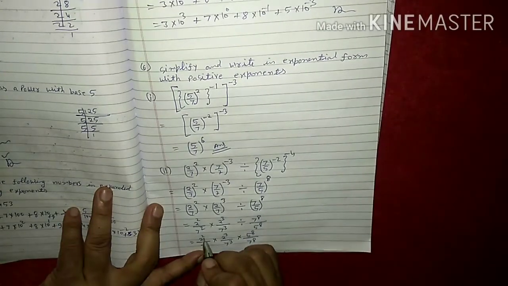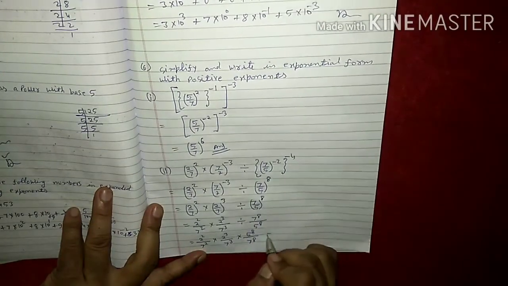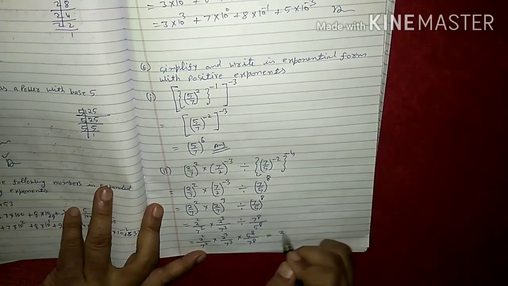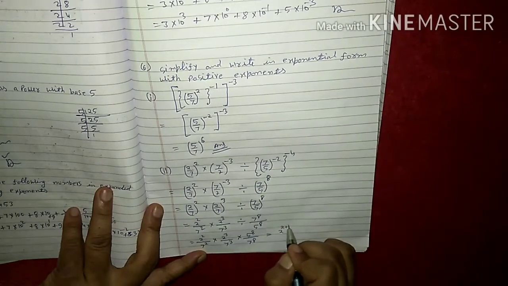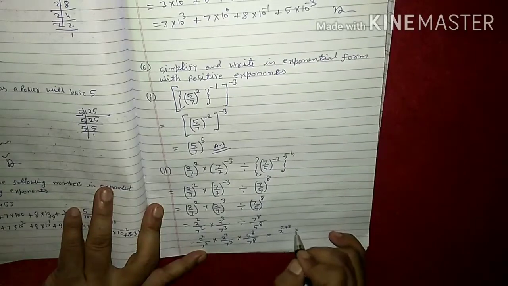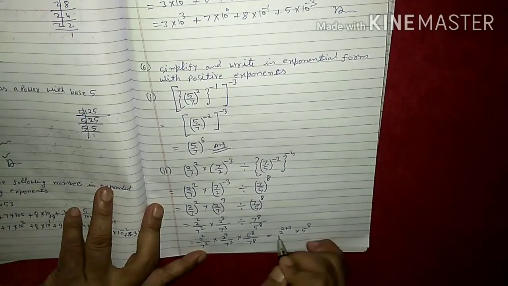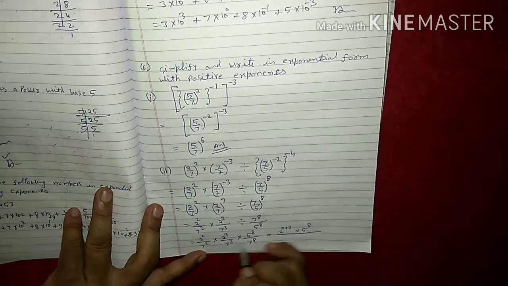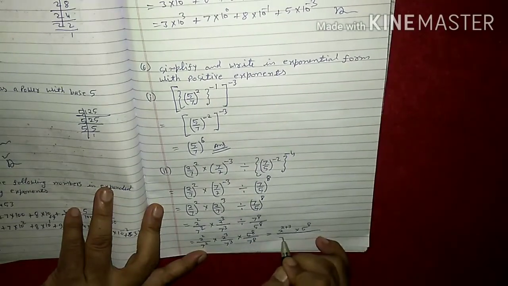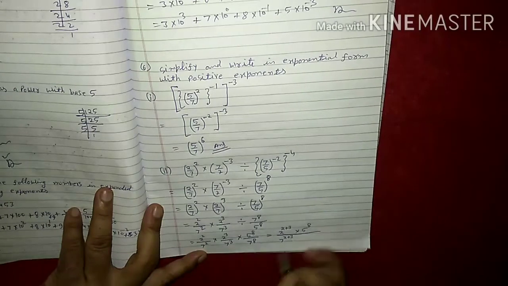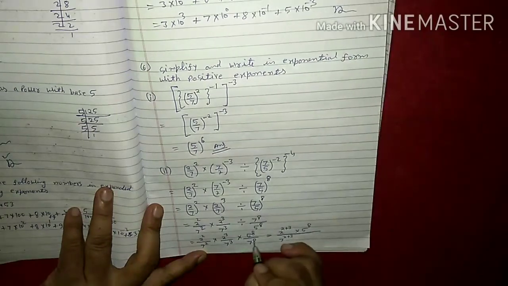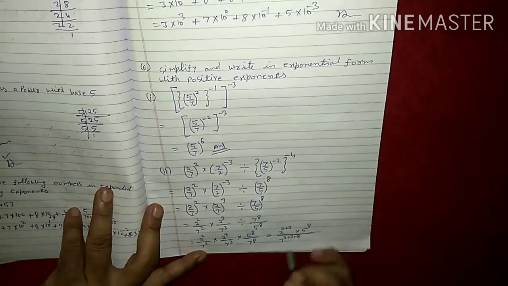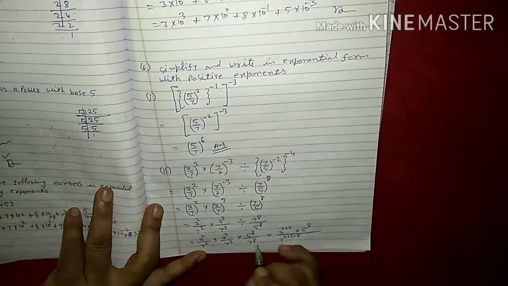Now 2 power 2 times 2 power 3 will be 2 power 2 plus 3, multiply 5 power 8 upon 7 power 2 plus 3 plus 8, because it has the same base.